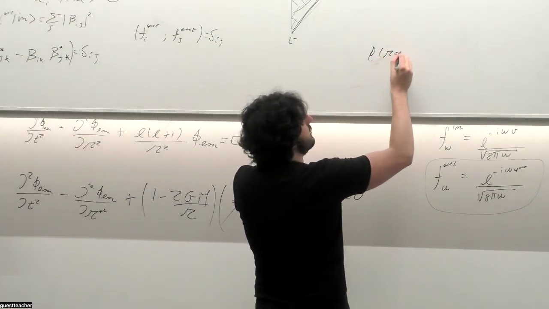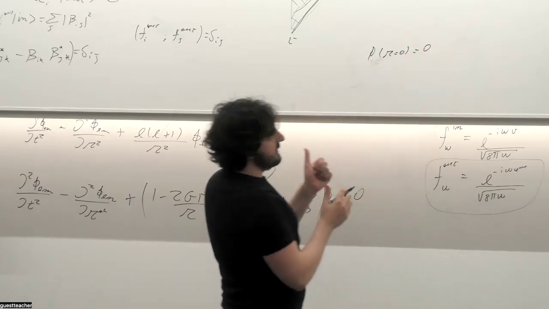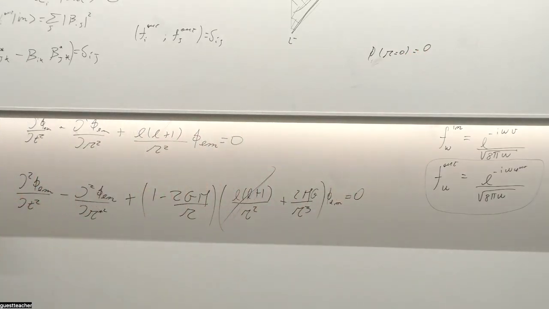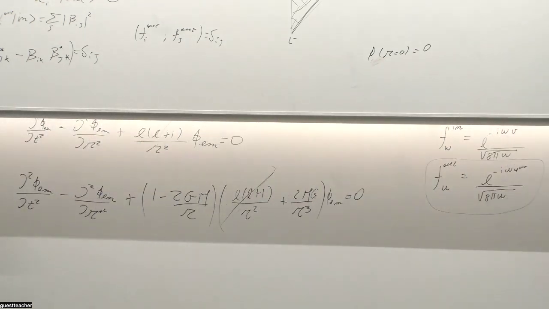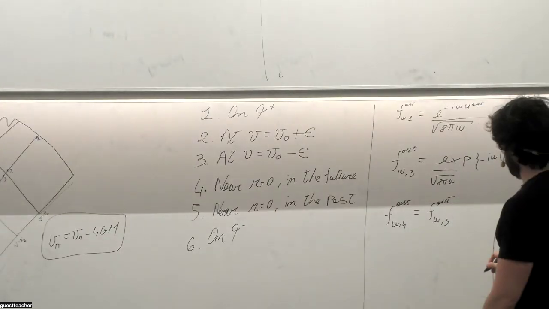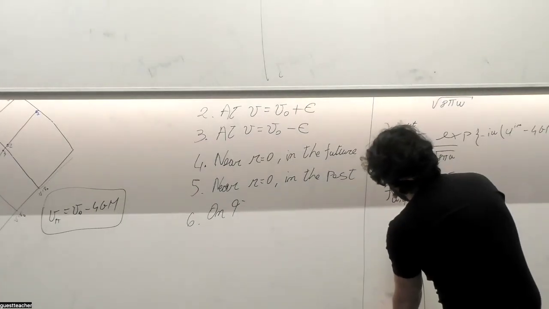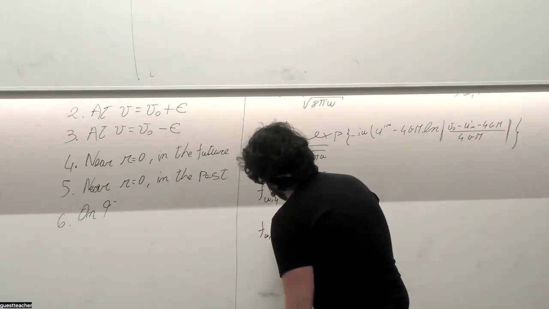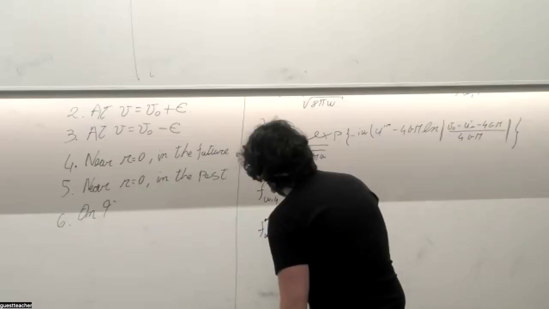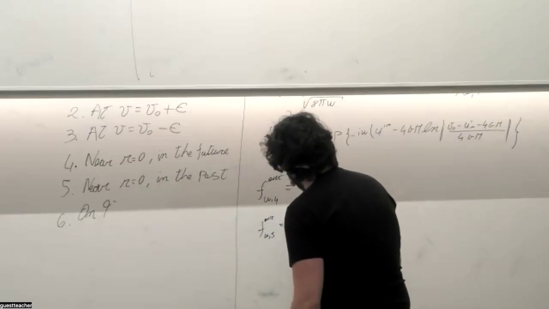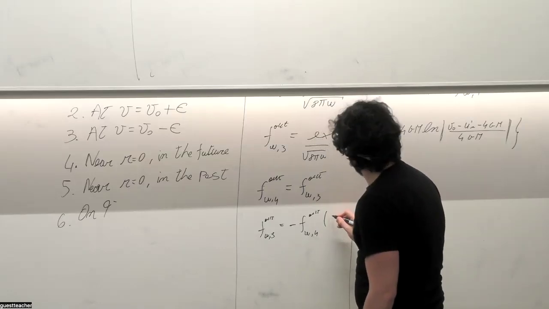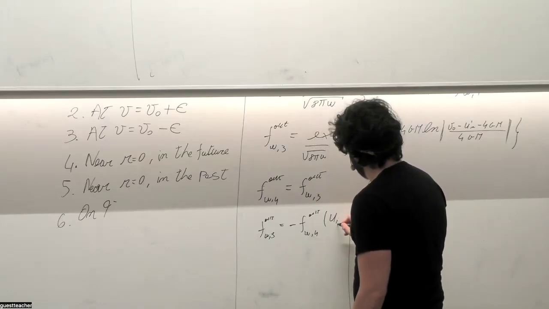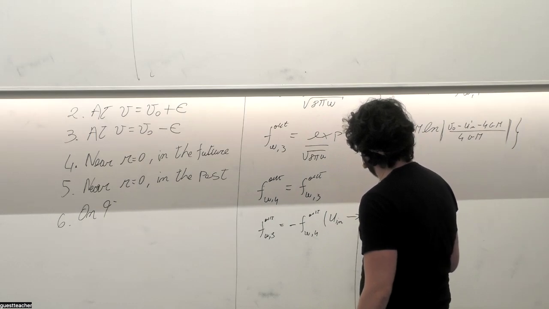Phi at r equals 0 is equal to 0, so the sum of left going and right going modes is 0. So the coefficient is -1. So f omega 5 is equal to minus f omega 4 out, in which u in is replaced with v.